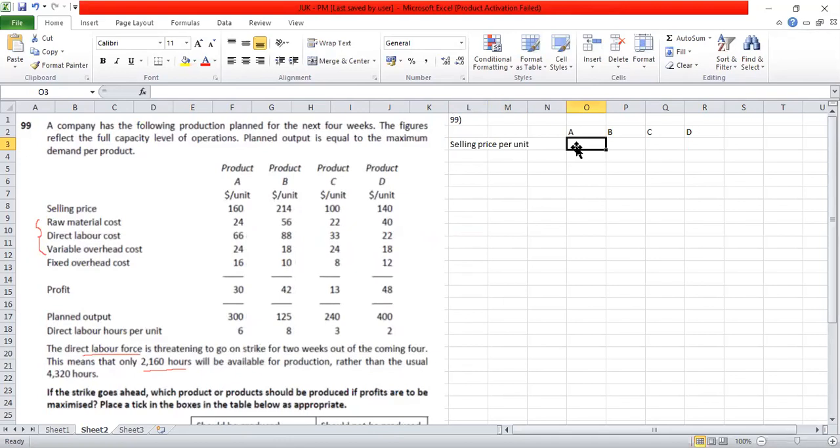For each of these products, we see 160, then 214, then 100, then 140. After selling price, we have to deduct the variable cost. Three items are there: the raw material cost, then direct labor cost, then variable overhead cost. Okay, let's write what these three items are.